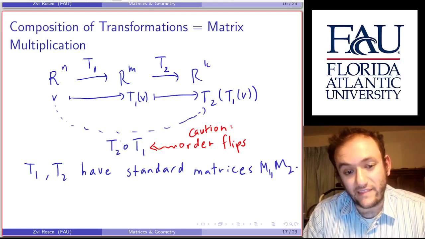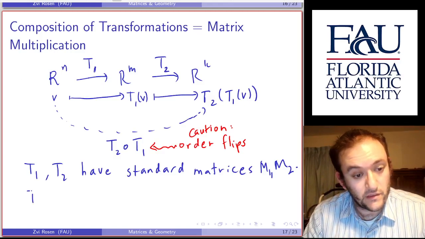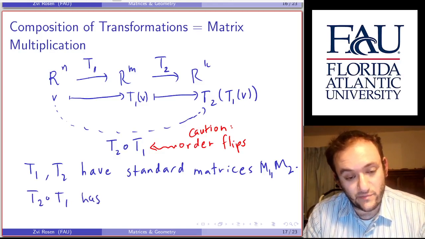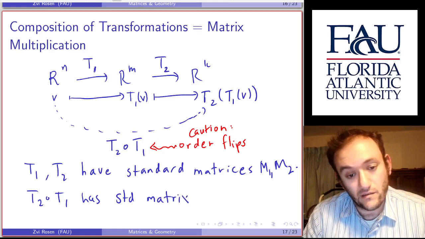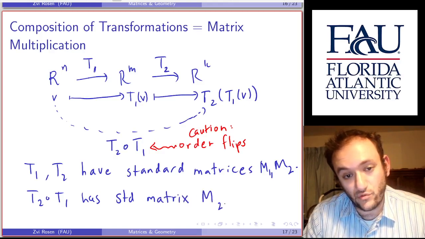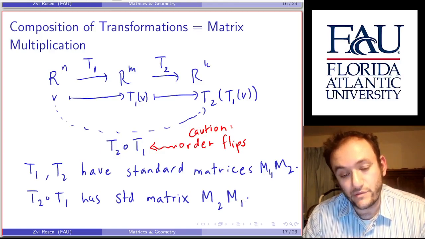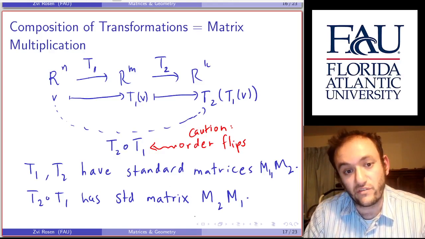How can I get the standard matrix for T2 compose T1? As you probably guessed from the title of the slide, it has standard matrix M2 times M1.